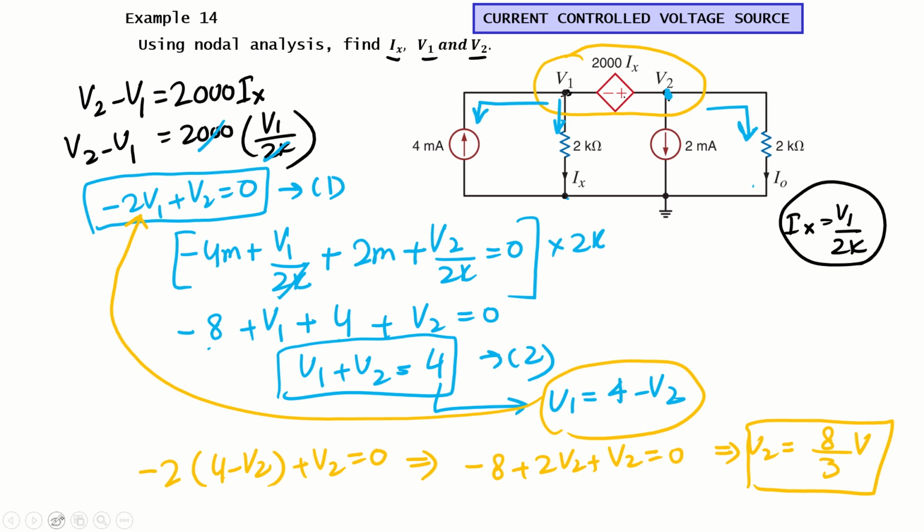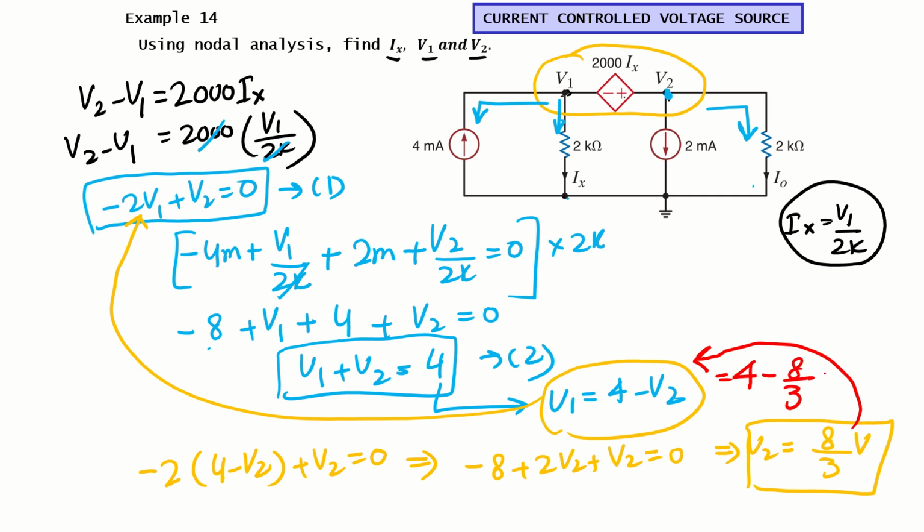This found value I can put here to get V1. So what is V1? 4 minus V2, and V2 is 8 over 3.